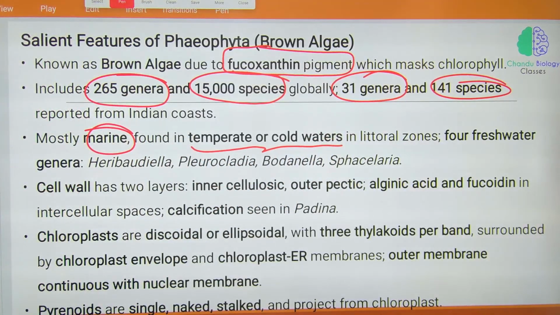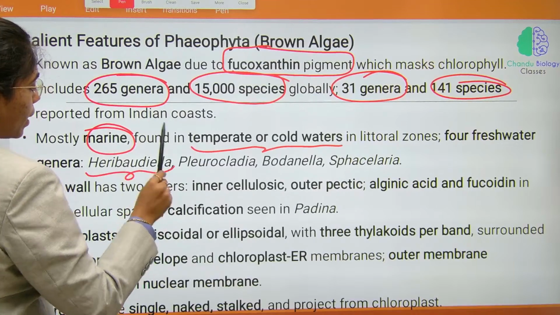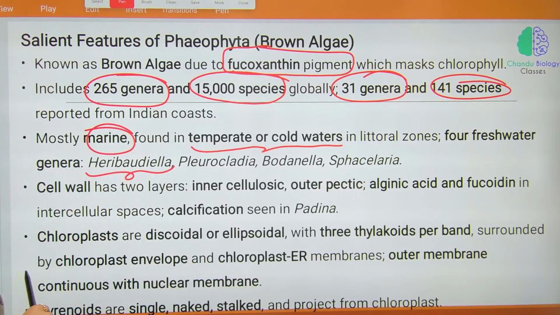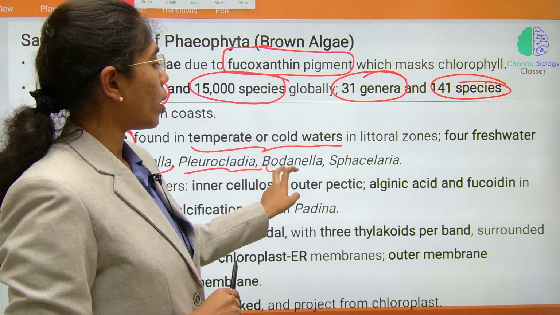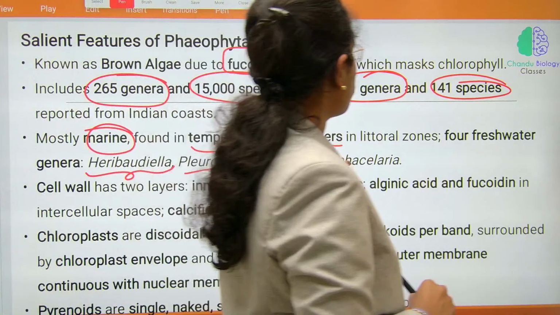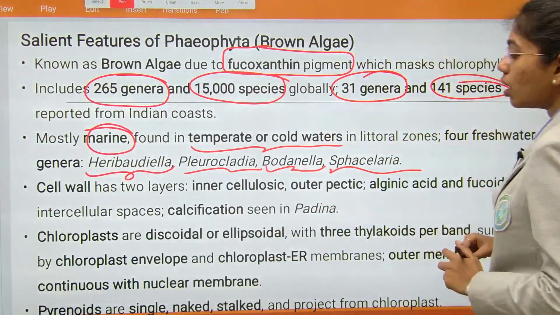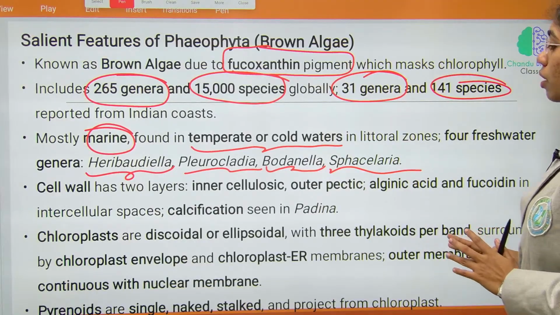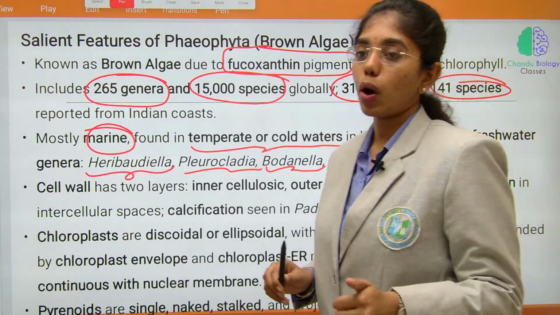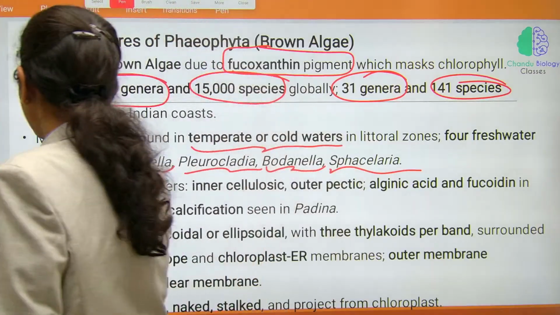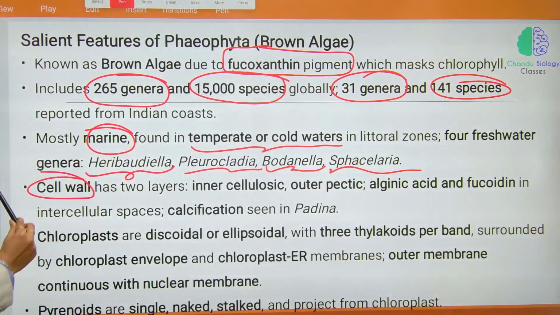For freshwater, genera include Pleurocladia and Sphacelaria. These are different species which are in freshwater genera. Okay, and the cell wall has two layers in the brown algal members.